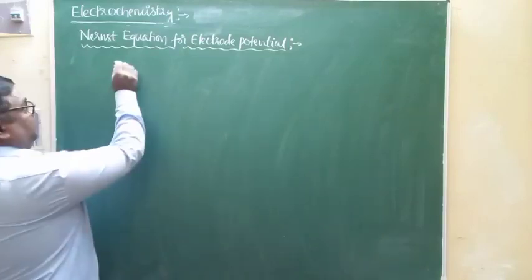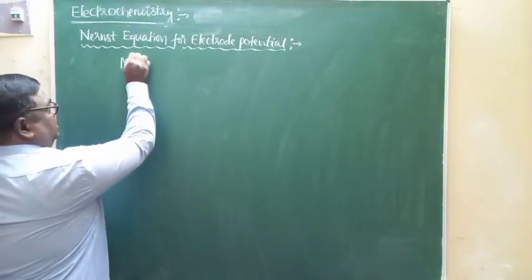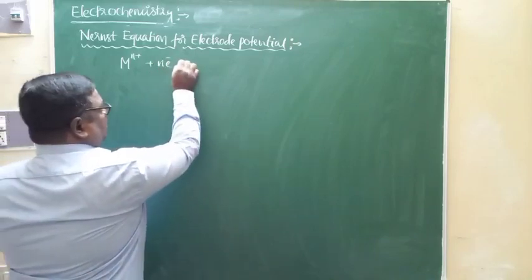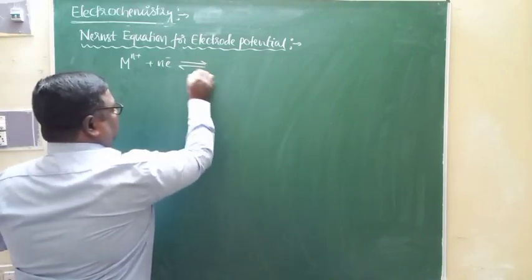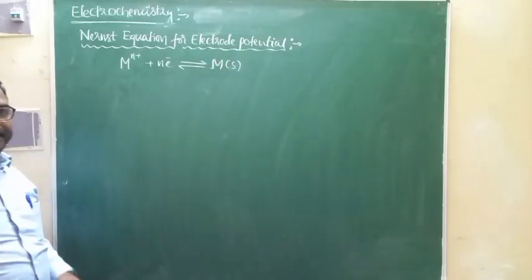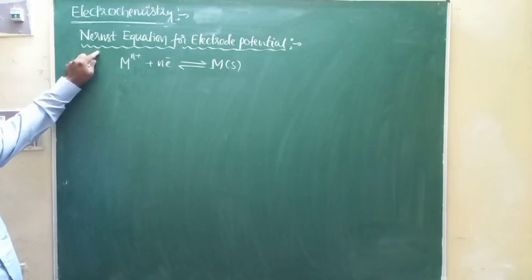And of course, for a reaction of the type, this is the reduction reaction, that is reduction of a metal ion into metal. For this particular reduction reaction, I am going to write the Nernst equation for electrode potential.